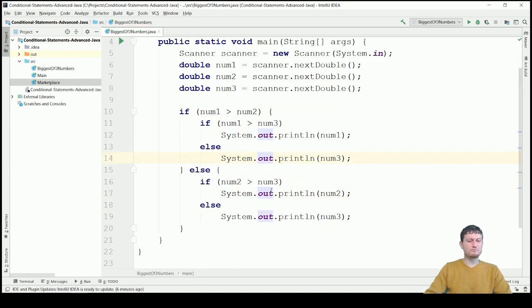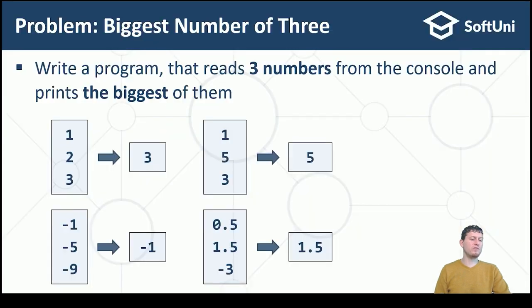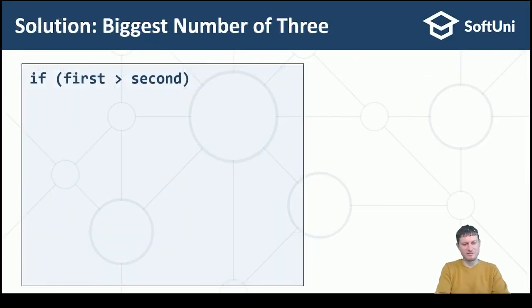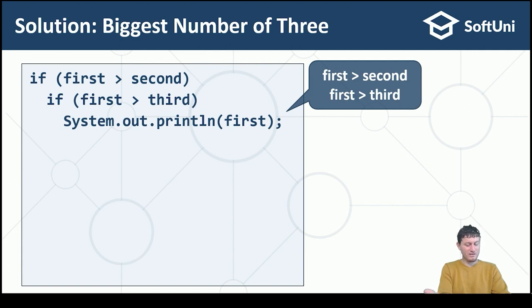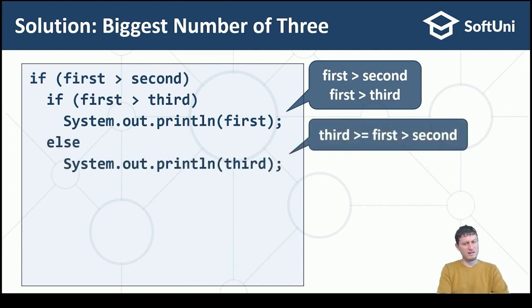Okay, so the solution I had in mind before the start of this lesson is to check whether the first is bigger than the second. If the first is at the same time bigger than the third, it's true that first is bigger than both second and third. Otherwise, the third is bigger than first, and first is bigger than the second, so the third is the biggest.